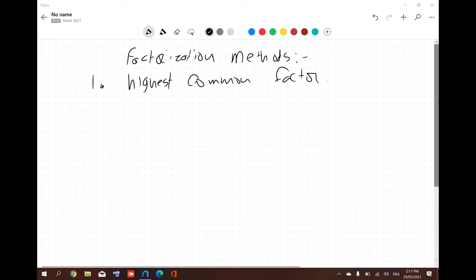Highest common factor. The word factor, as we agreed, is a divisor. Common, so it must be a common divisor between two or more numbers, and then if there is more than one common factor, we're going to choose the highest. So for example, if I'm asking you to find the highest common factor of 24 and 36, both numbers are divisible by 2, both numbers are divisible by 4.